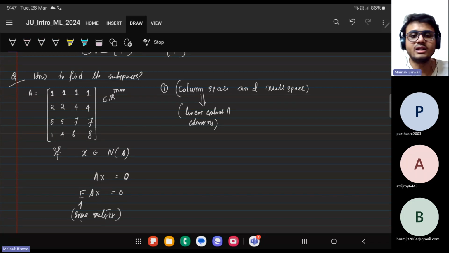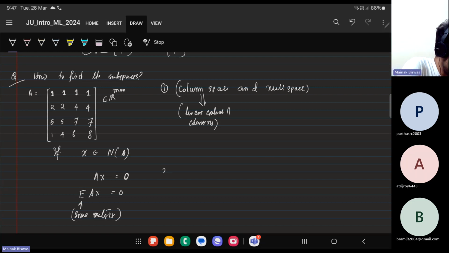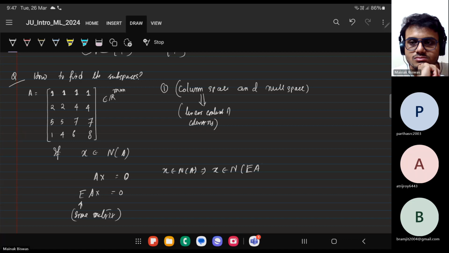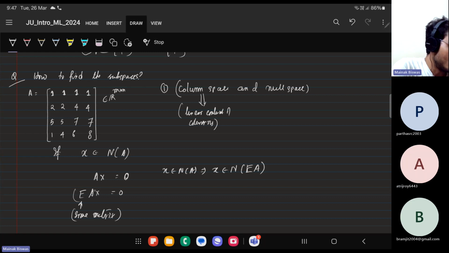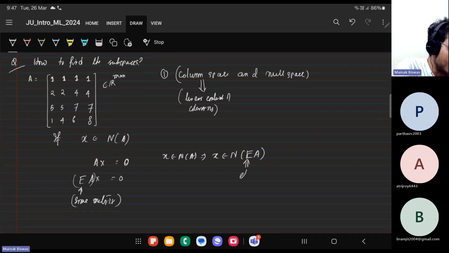Correct? Yes. Do you agree that X belonging to the null space of A would imply X also belongs to the null space of EA? Yes or no? Why am I writing this? It will be clear in just a while. Yes. Good. So now E is called an elimination matrix.